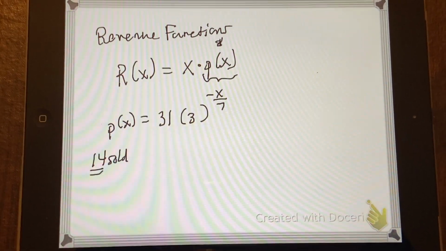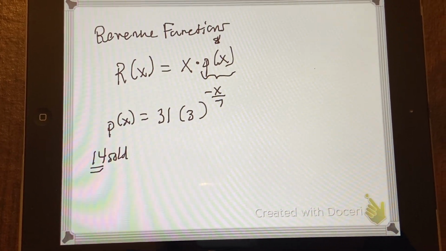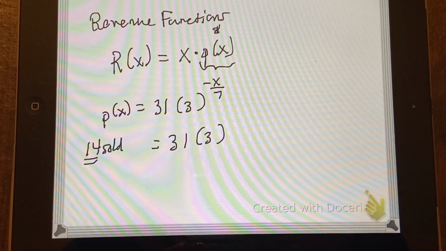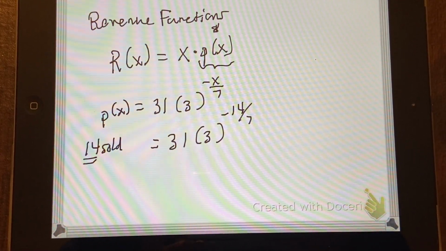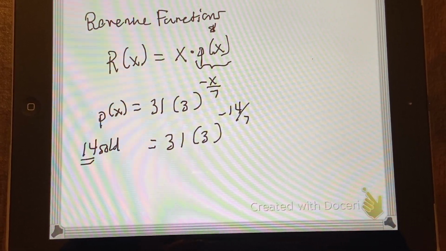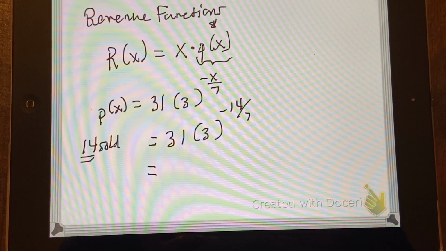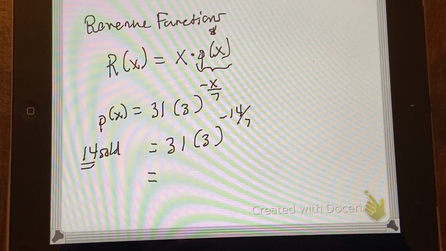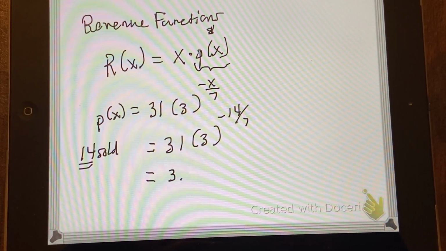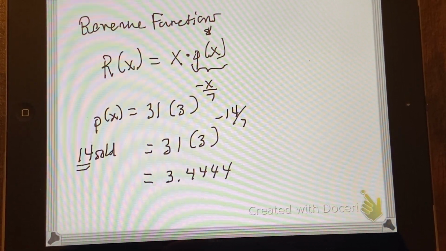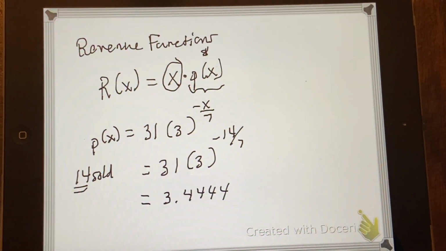Well, all you do is stick into the equation 14. And so using your calculator, you get this amount, 3.4444. But remember, that's p of x.